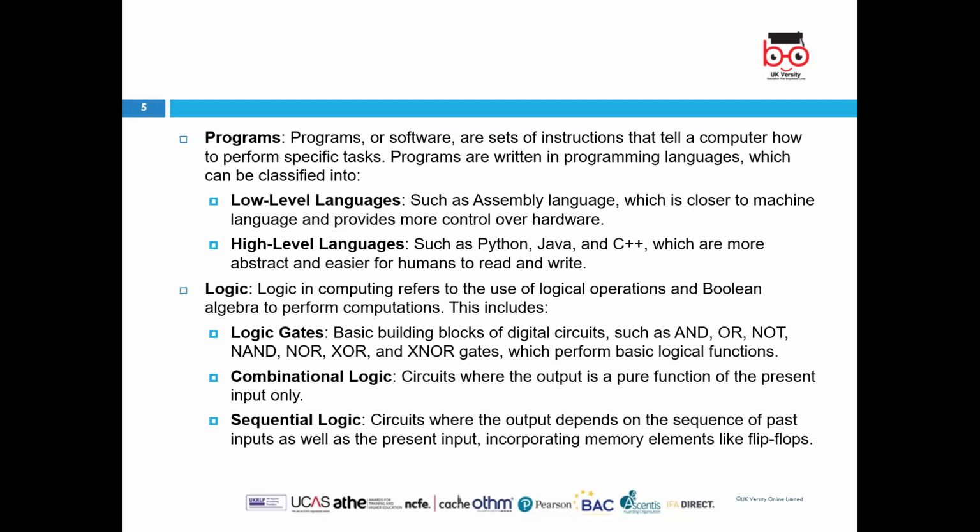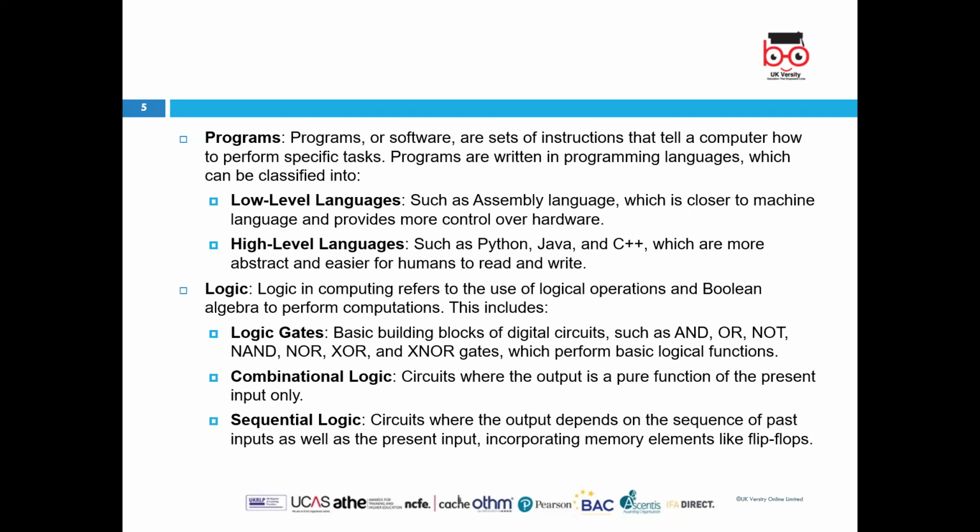Also, we have to look into the logic, where we're going to refer to logical operations such as Boolean algebra to perform computations. Our logical operators are going to be our logic gates, which allow us to build blocks, and we'll be using AND and OR operators.